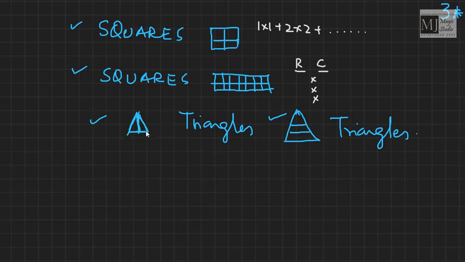For the triangles from opposite vertices, if you draw vertical lines, what we do? We add like 1 plus 2 plus 3 on the bases. And when we have parallel lines to the bases, we just count 1, 2, 3.